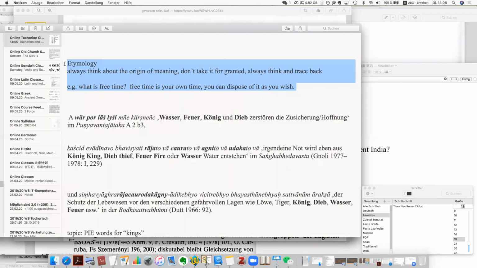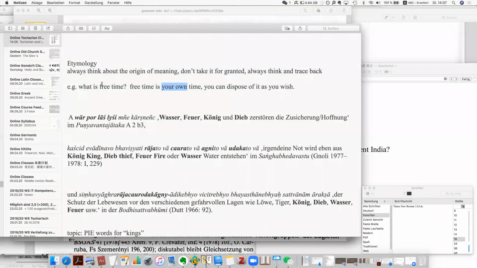Especially for very, very simple and very familiar words like free. What is free time? Free time is actually your own time. So you can dispose of it, you can make use of it according to your own wish, as you wish.